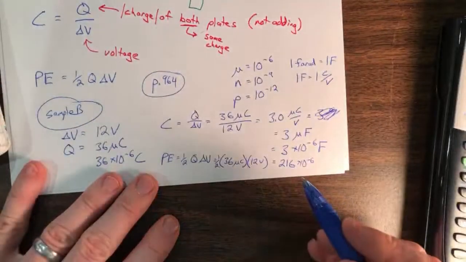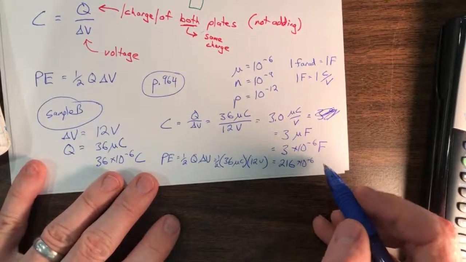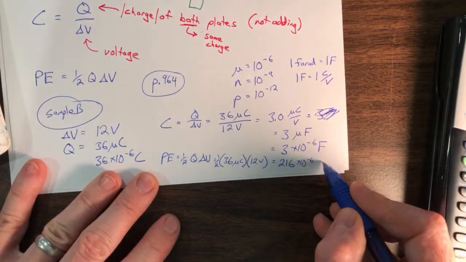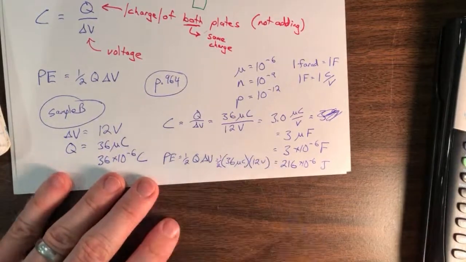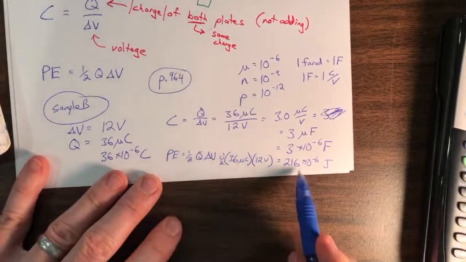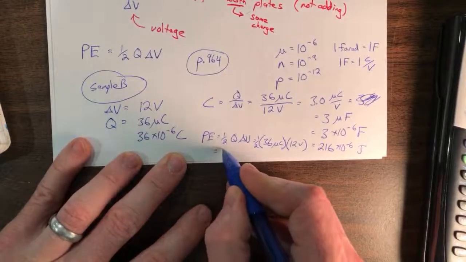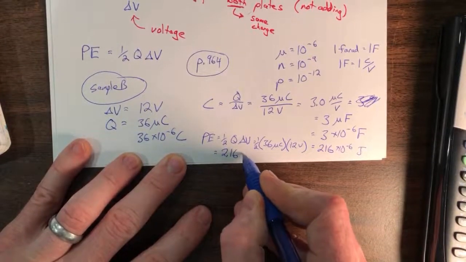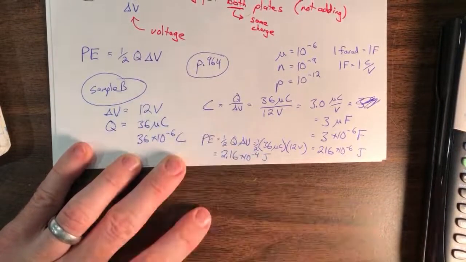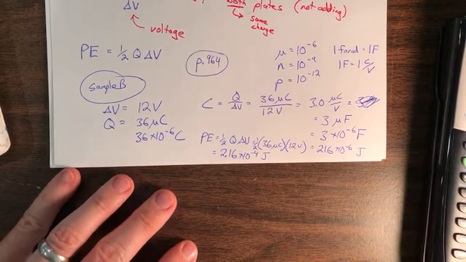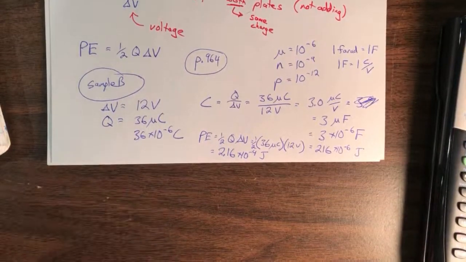Our units here are going to be the same as any other kind of energy units, and that's joules, right? So we shouldn't technically leave it as 10 to the minus 6. We should take that and move it over. Sorry, running out of space here. That's going to be 2.16 times 10 to the minus 4 joules, all right? And that's going to be our potential energy of this particular capacitor.